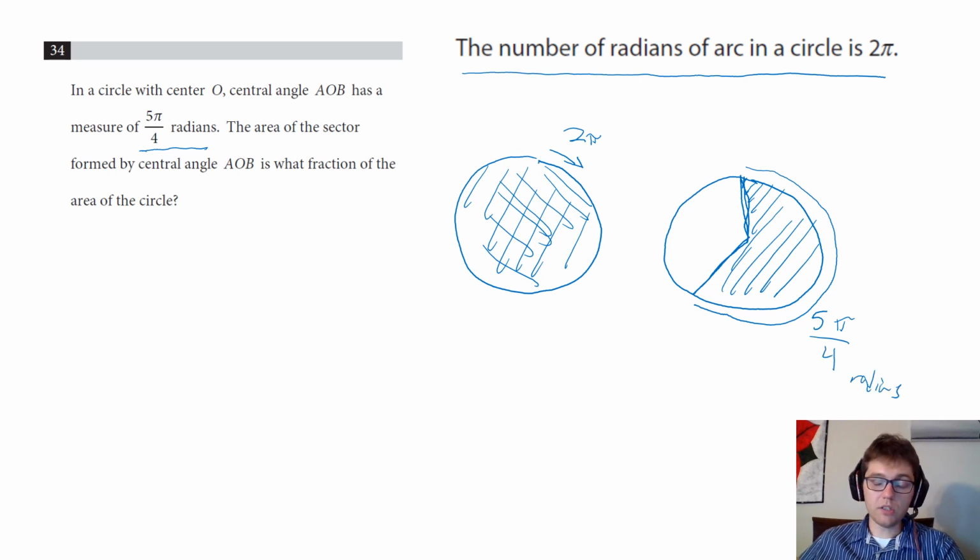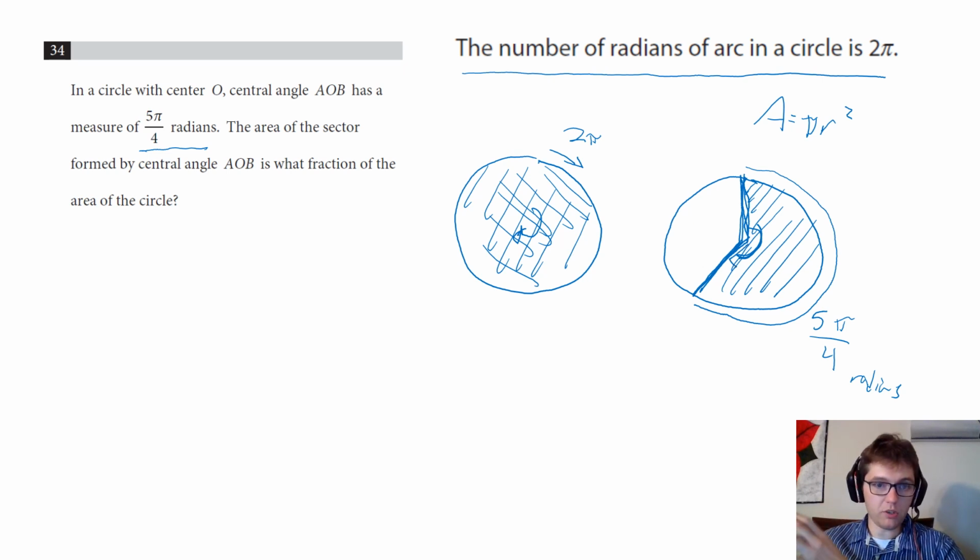Now the equation for the area of a circle is area is equal to pi r squared. And the fractional area in our second circle versus the first one will be proportional to this angle. This one is the full 2 pi revolution, and this one is only the 5 pi over 4.